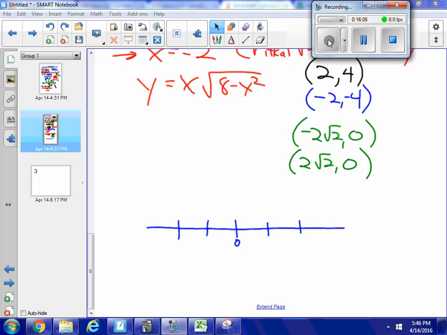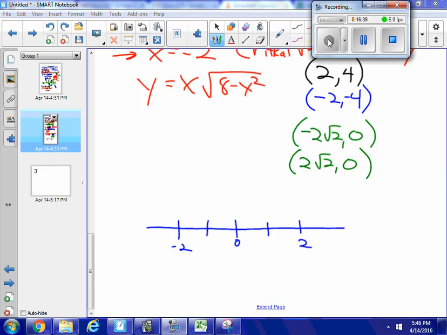Well, this is starting to get kind of interesting, and I'm going to draw my number line. So I know that I'm going to have several intervals here. Well, first of all, negative 2 radical 2 and 2 radical 2. Radical 2 is approximately equal to 1.4, and if I go 2 times 1.4, it's 2.8. The main thing I'm concerned about, if I'm placing it on a number line, is that it's going to be bigger than negative 2 or positive 2.